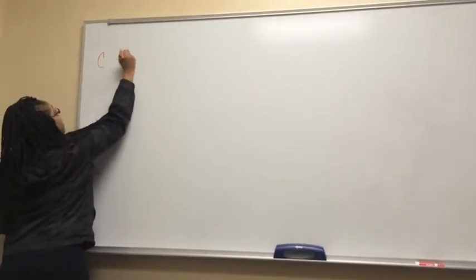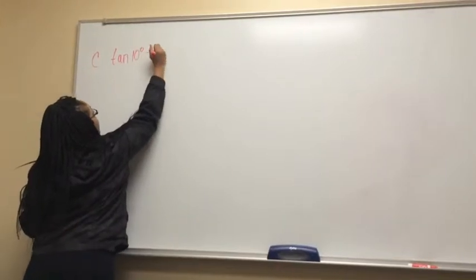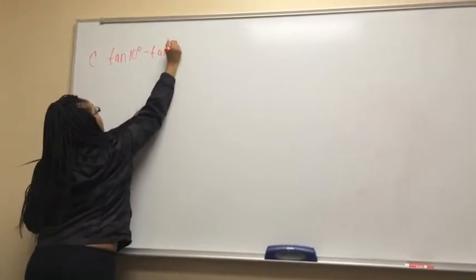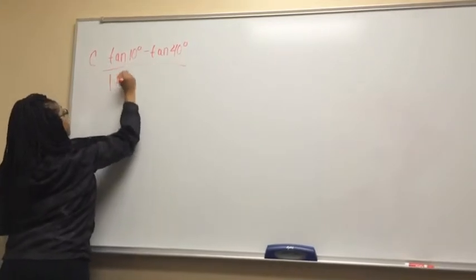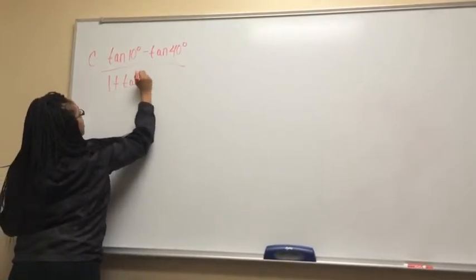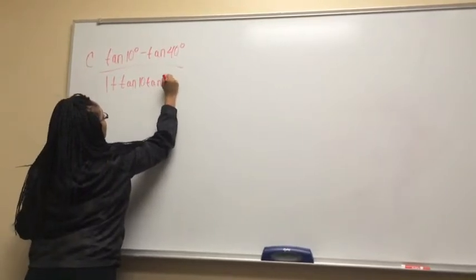Problem C is tan 10 degrees minus tan 40 degrees all over 1 plus tan 10 degrees times tan 40 degrees.